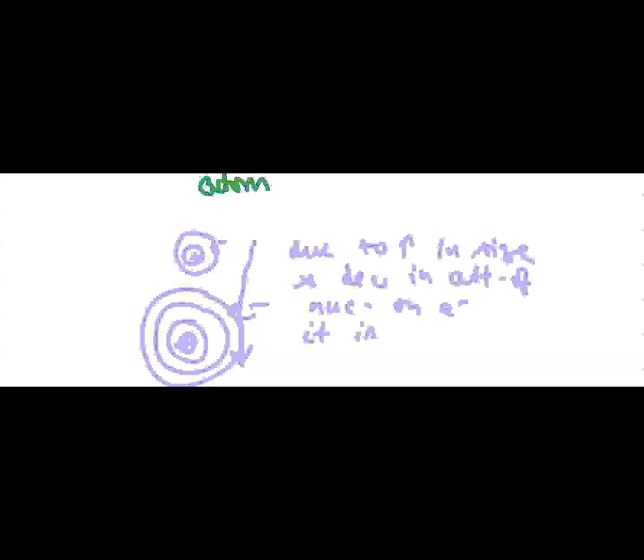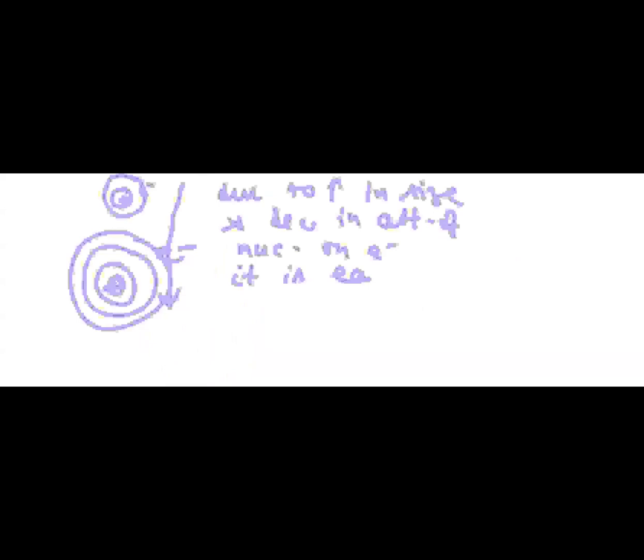So we can say top to bottom, due to increase in size and decrease in attraction of nucleus on electron, it is easy to remove that electron. Hence, ionization enthalpy decreases.